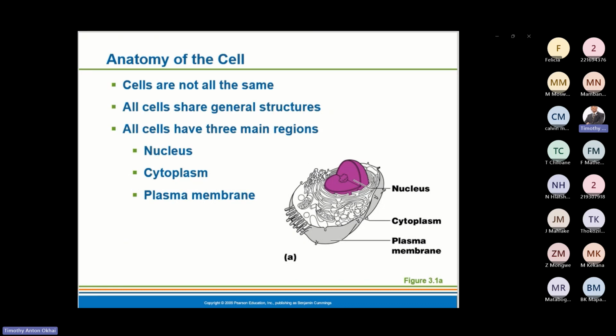So that's our cytoplasm over here. Also, there is the plasma membrane, or cell membrane, or cytoplasmic membrane, and that is the outer covering of the cell itself. The plasma membrane encloses the cytoplasm and forms the outer boundary of the cell.